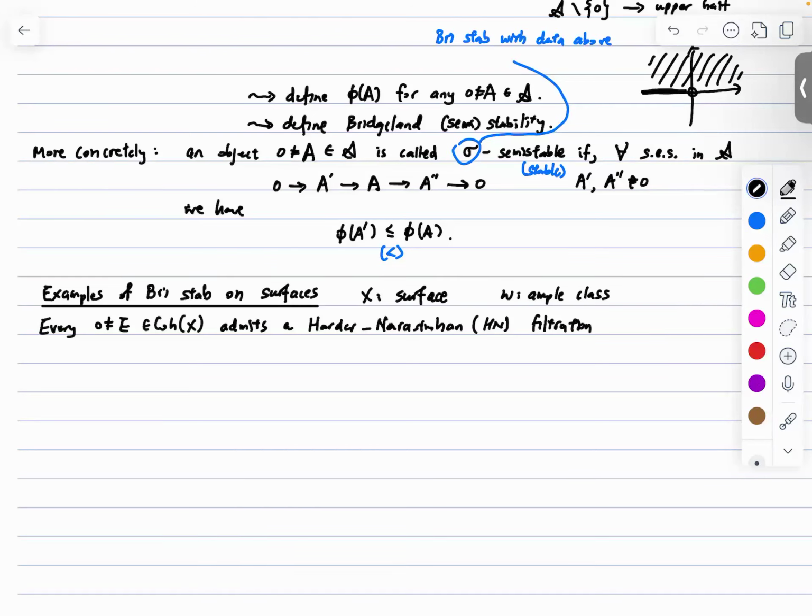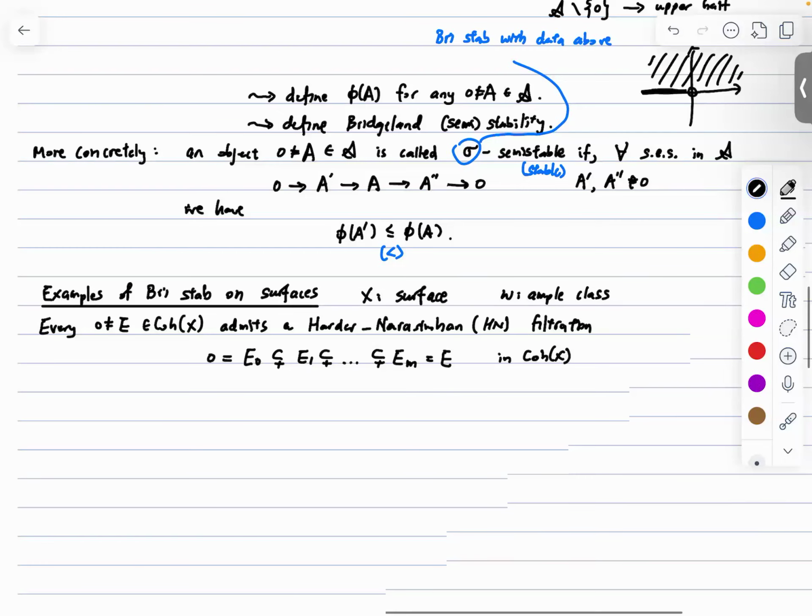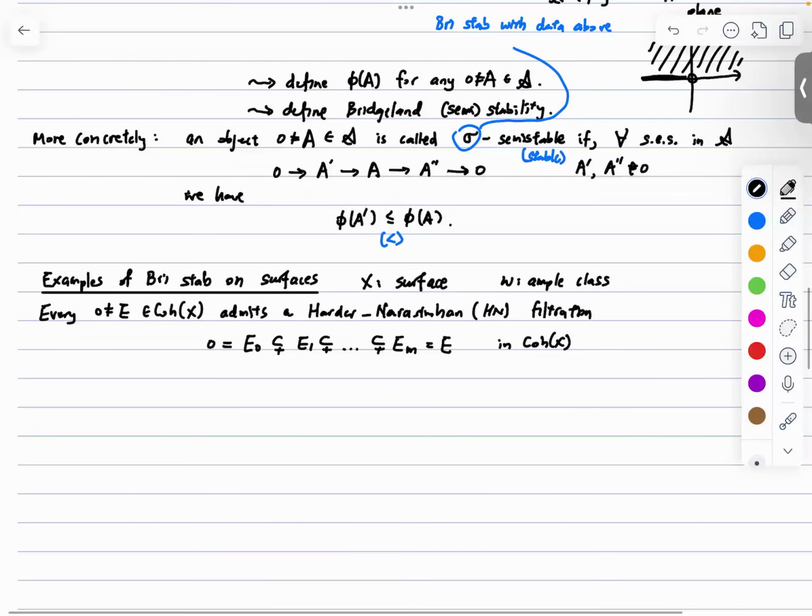So I'll write it as E_0 contained in E_1 all the way to E_n, which is E itself. And let's say E_0 is 0. And this is a filtration in the category of coherent sheaves. So every non-zero coherent sheaf has a filtration satisfying these properties.